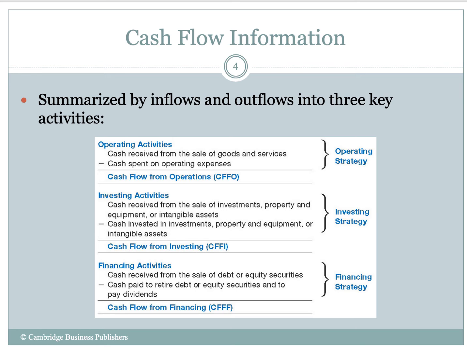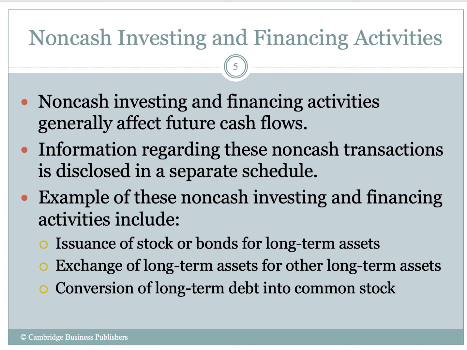We net those two out. We get cash flow from investing. We do the same thing with the financing activities. Did we receive any cash from the sale of our debt or our equity? We subtract from that any cash that we paid to retire our debt, buy back our securities, or pay dividends. That's cash flow from financing.